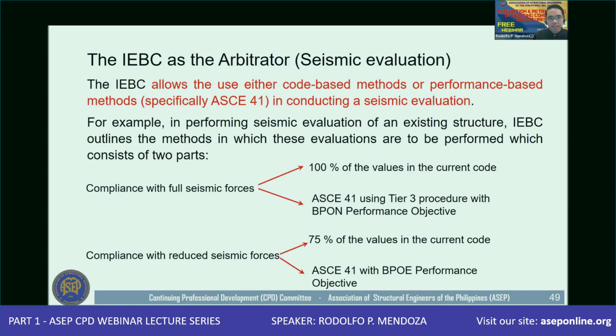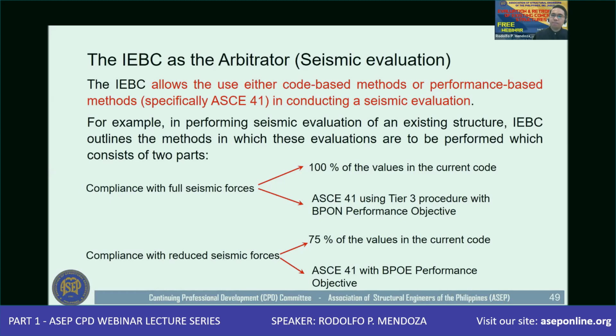So the IEBC is a model document that is already implemented in the US, and the procedures that are outlined in the IEBC allow you to use either code-based methods or performance-based methods in conducting a seismic evaluation.